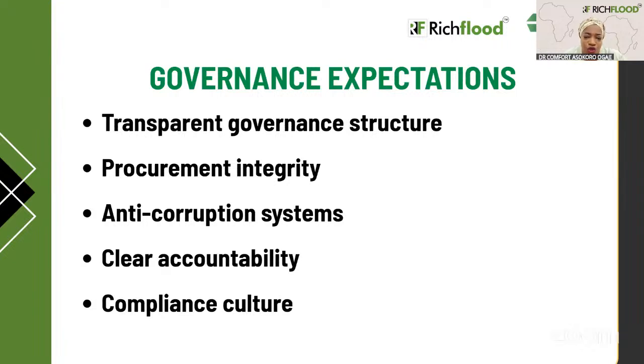Governance: the structure, the people, the system, the transparency, the procurement structure, the anti-corruption controls. What are the accountability structures? What is the compliance culture that this project proponent is already familiar with and implementing?